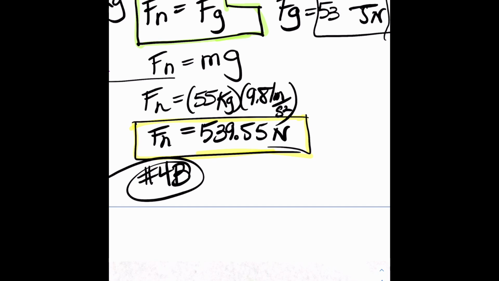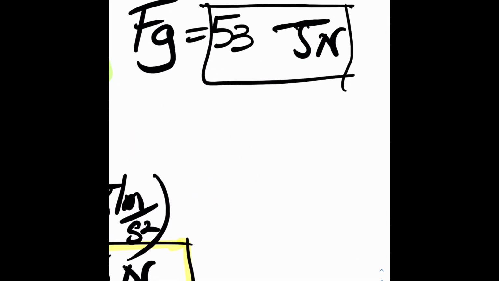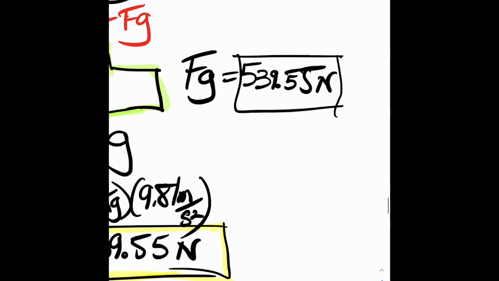Whoa, the eraser is doing too much work. 539.55. I don't know why that's hard for me to read. I'm going to write it one more time. Okay, 539.55 newtons.